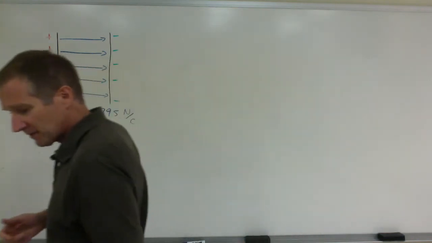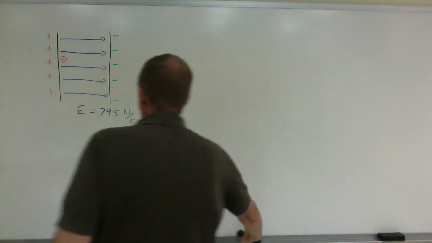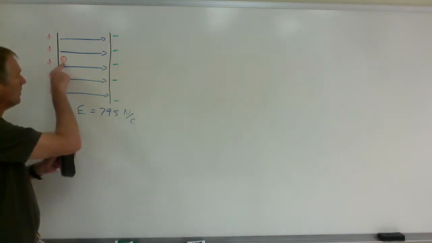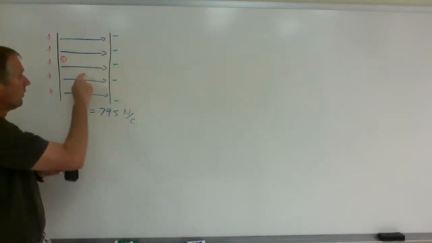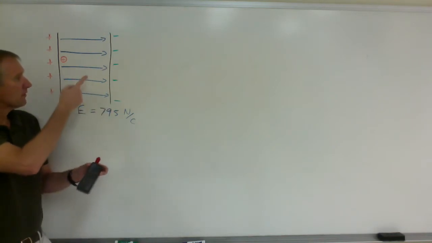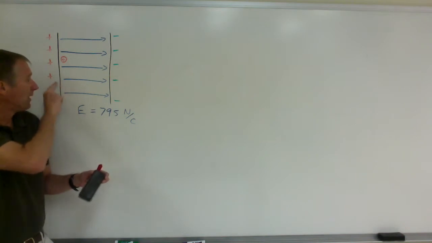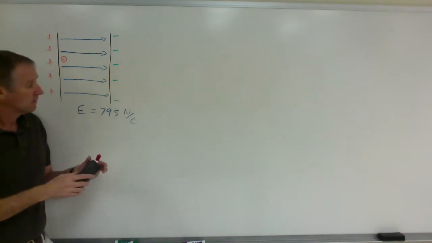And in fact, this charge is going to go in the direction of the field arrows. Why are the field arrows in this direction? Because remember, by definition, field arrows go away from positive and into negative.